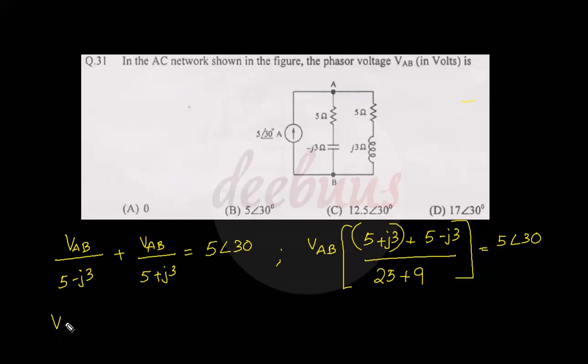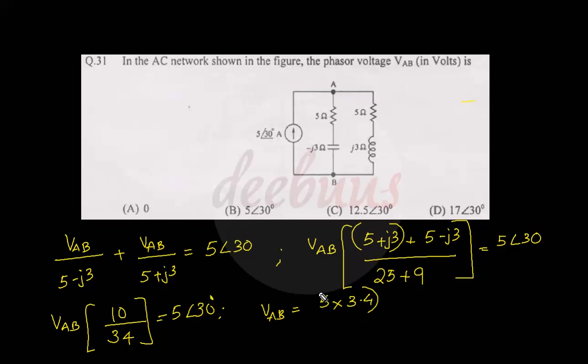That is VAB into 5 plus J3 plus 5 minus J3 is 10, 10 divided by 25 plus 9 is 34, equal to 5 angle 30. So VAB equal to 5 into 34 by 10. 34 by 10 is 3.4. So 5 into 3.4 angle 30 degree. 5 into 3 is 15, and 5 into 0.4 is 2. That means 17 angle 30 degree. So the answer is D.